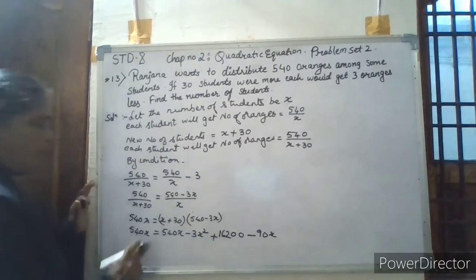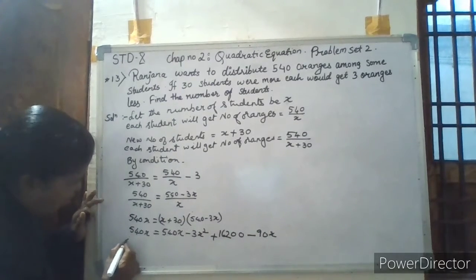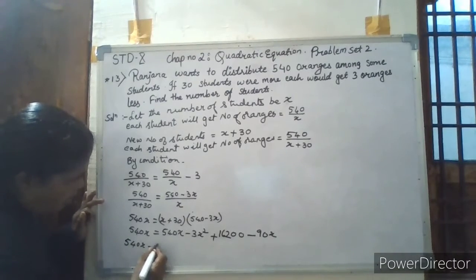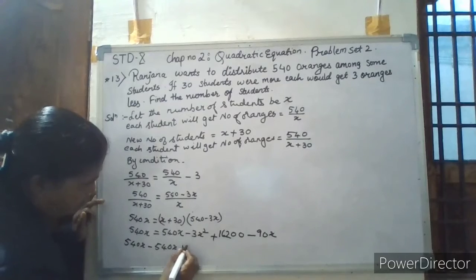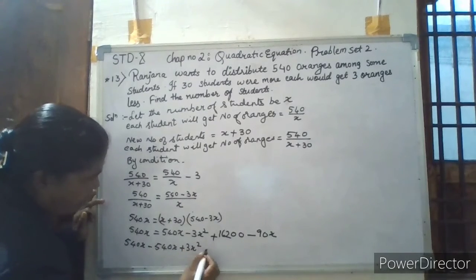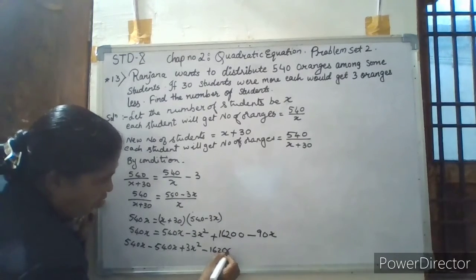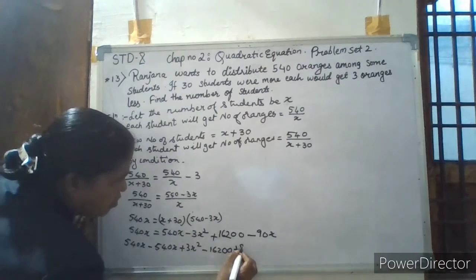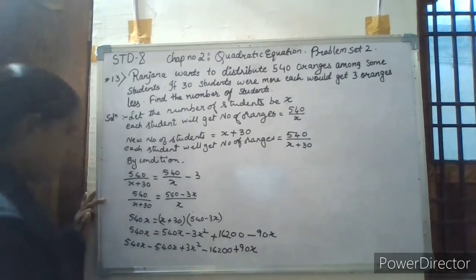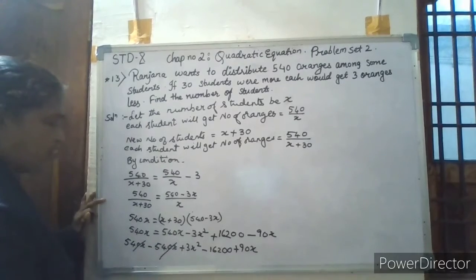Now form the quadratic by bringing all these terms to this side. So it will be 540x minus 540x plus 3x squared plus 90x minus 16,200. Now 540x minus 540x cancels.